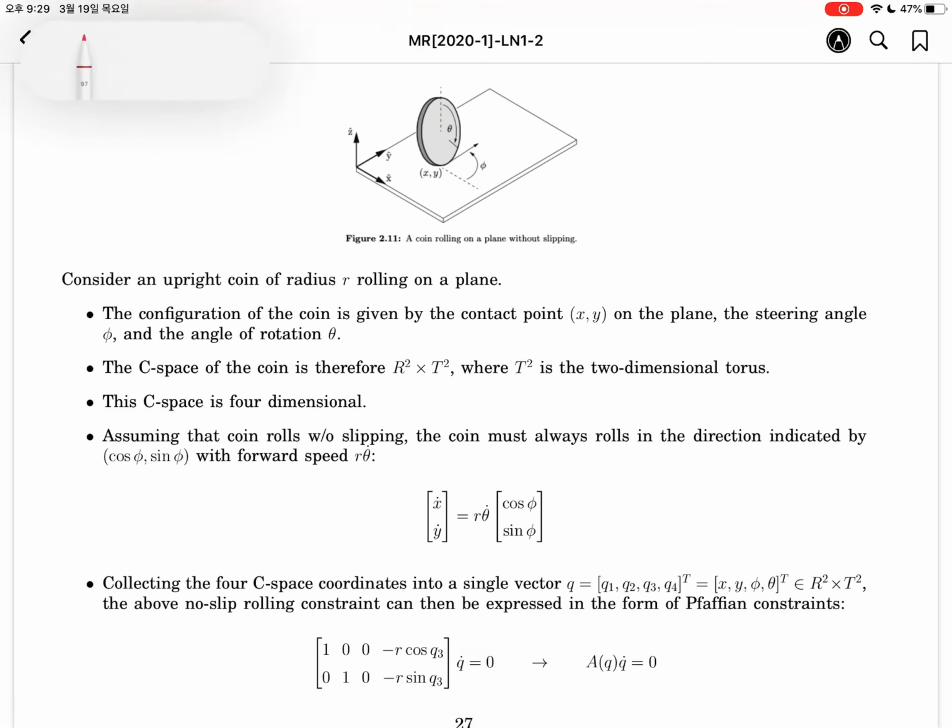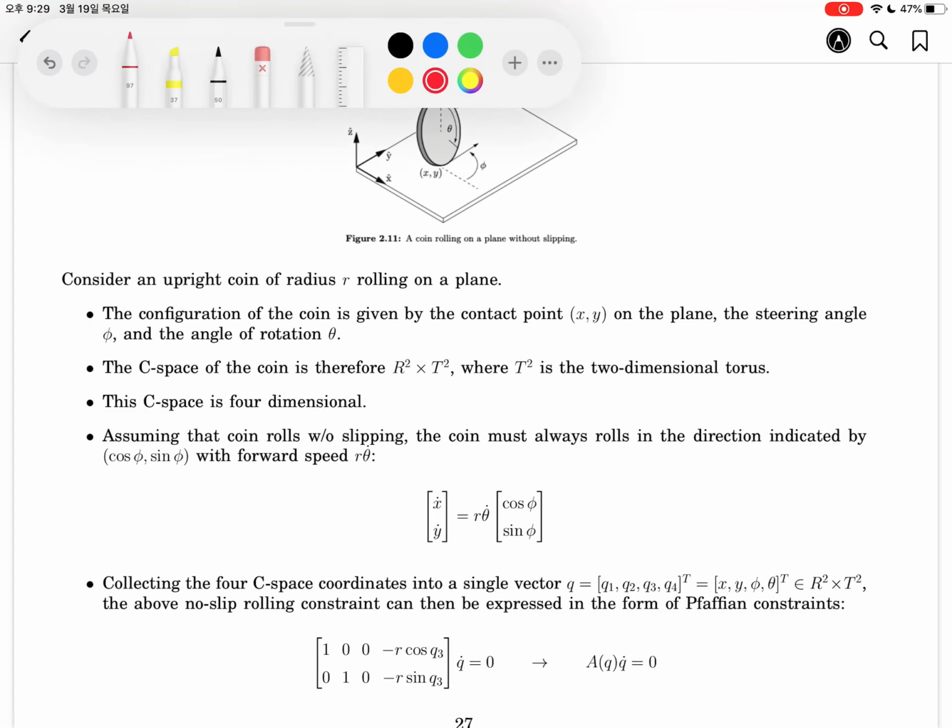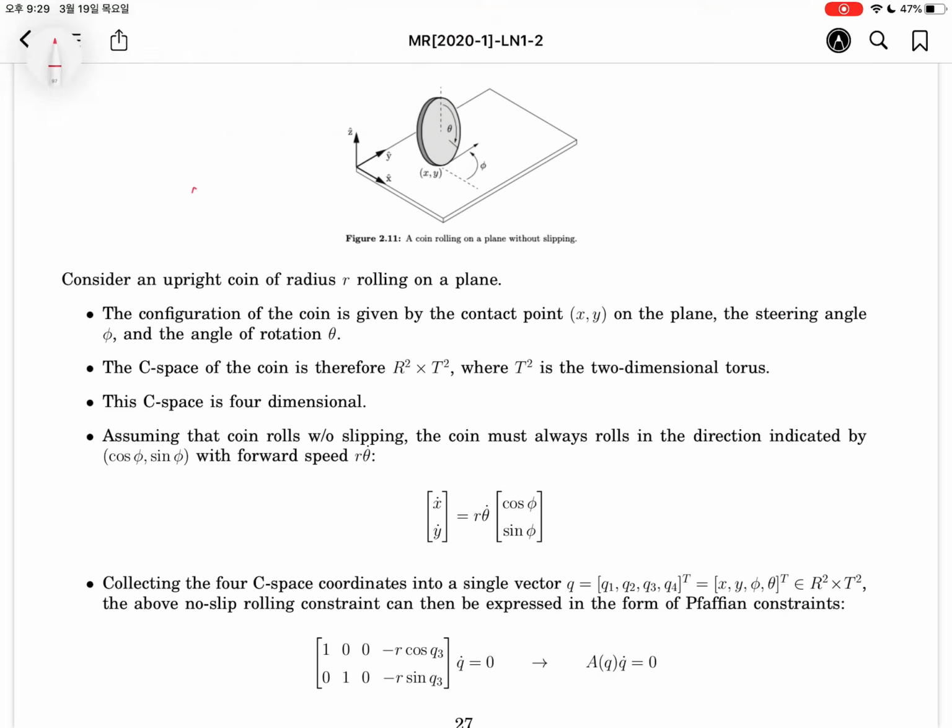Consider the coin of radius r rolling on a plane. The velocity at the contact point will be r theta dot. Maybe it will be the linear velocity of the contact point.